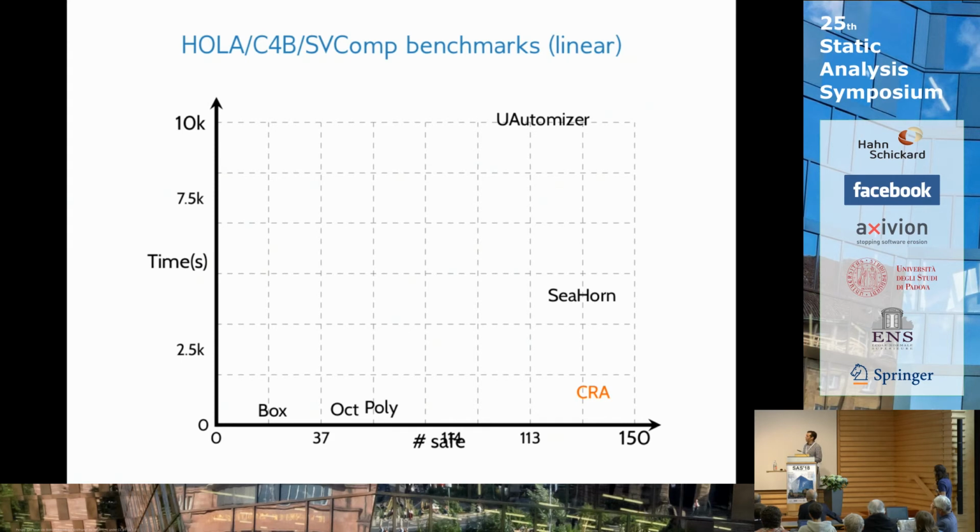They're drawn from OLA, which is benchmark speak from the Dilligs and some others, that involves a lot of modular arithmetic. C4B is resource-bound analysis examples, and SVComp is assorted things. These are all simple programs. They're all very small, but tricky.